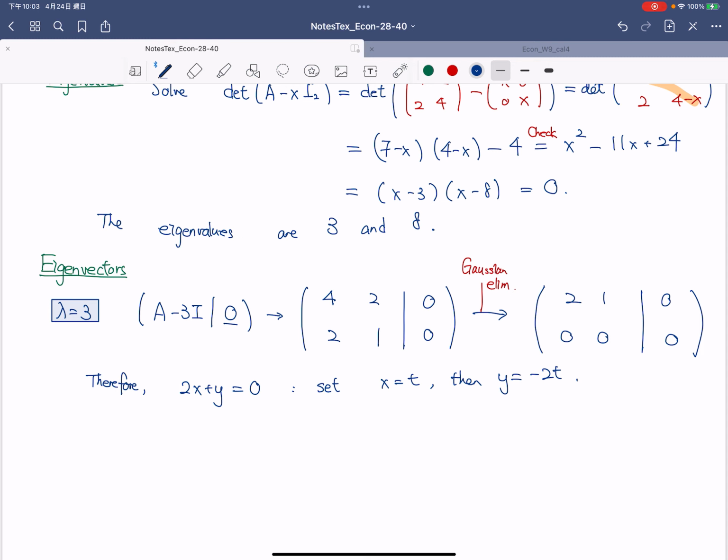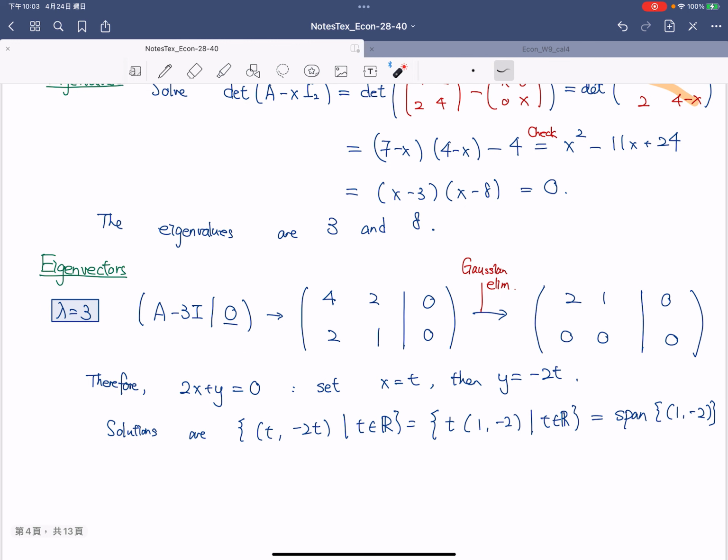So what are the solutions? The solutions are t, comma, minus 2t, and t is real. But of course, you can take out t as a common factor, so t times (1, minus 2), and t is real. And of course, this is the span of (1, minus 2).